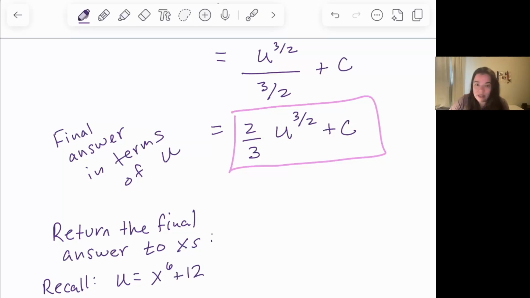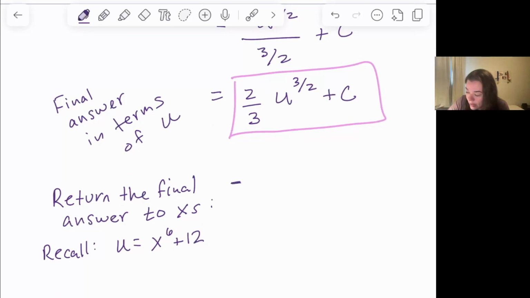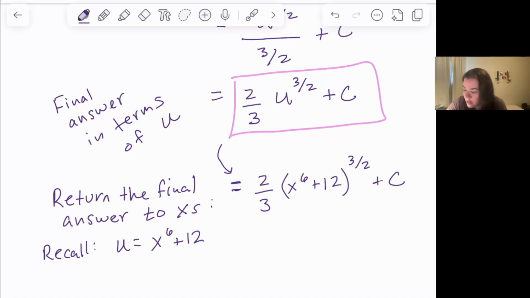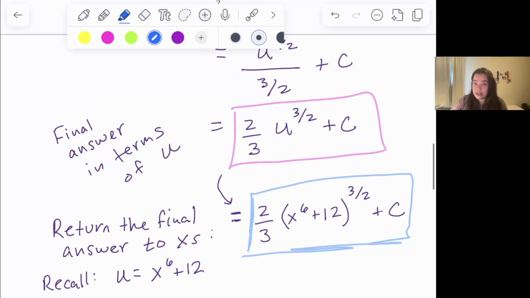That should be on your page. Sorry for the scrolling. So I'm going to take my final answer from above and then just put the u back. 2/3 times x to the 6th plus 12 to the 3/2 plus c. This right here would be considered the appropriate final answer. So let's recap what we did. I'm going to go back through the steps.